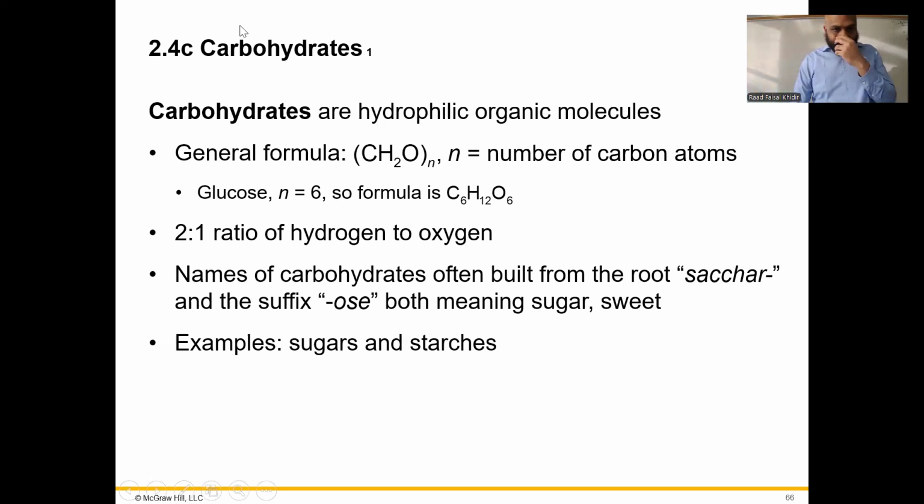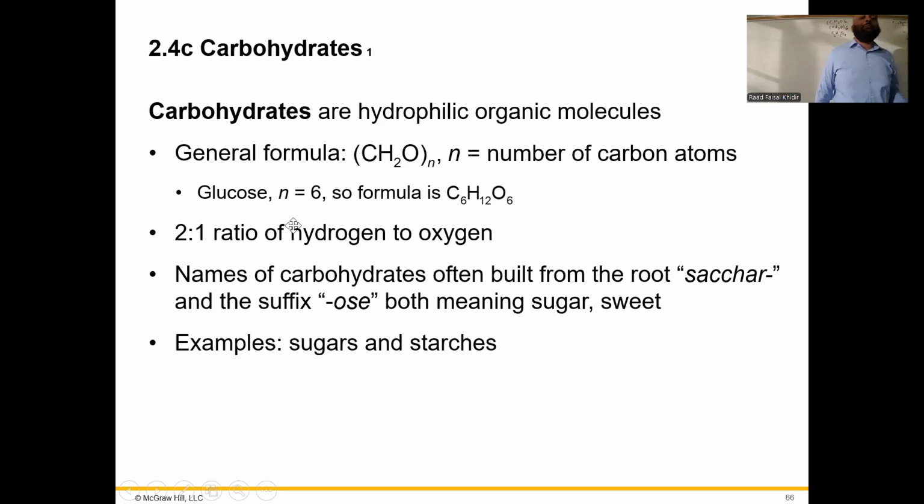You see, right here, glucose N is 6. So the formula is C6H12O6. If it is not like that, then it is not a carbohydrate. It is not sugar. It must be CH2O times N.